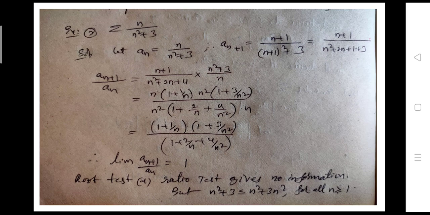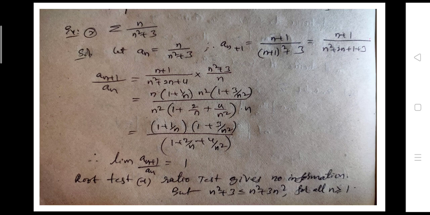So we need to find an plus 1 by an. We know an plus 1 and an. So an plus 1 is equal to n plus 1 by n square plus 2n plus 4, and an is n by n square plus 3. Now simplifying, we get n into 1 plus 1 by n, square into 1 plus 3 by n square, by n square into 1 plus 2 by n plus 4 by n square, into n.